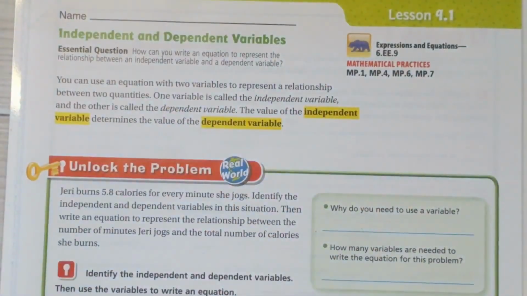So let's think of another real life situation. A caterpillar depends on the amount of leaves that are available for it to eat. So the dependent variable is the caterpillar. The leaves are the independent variable.